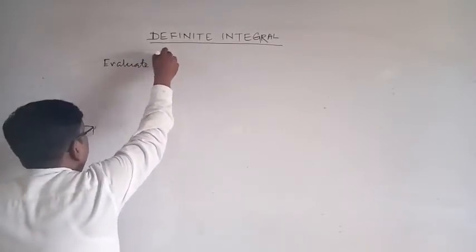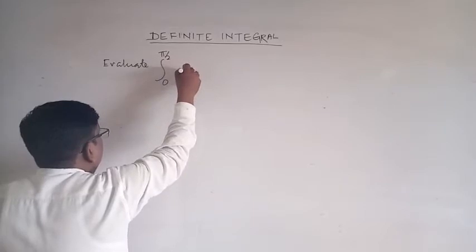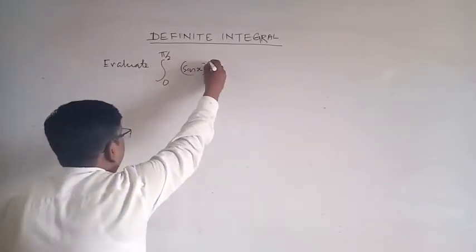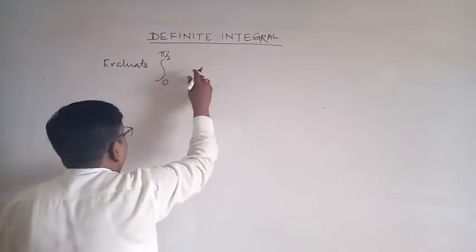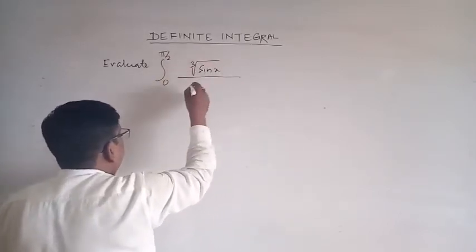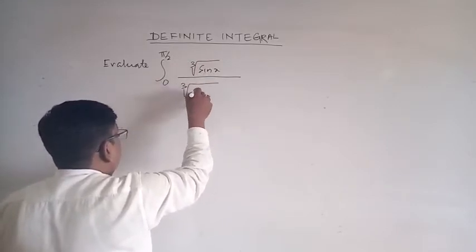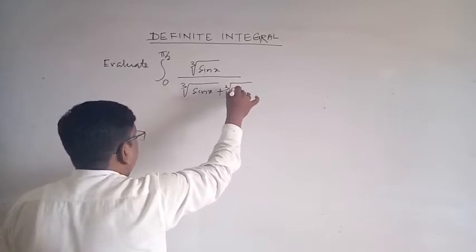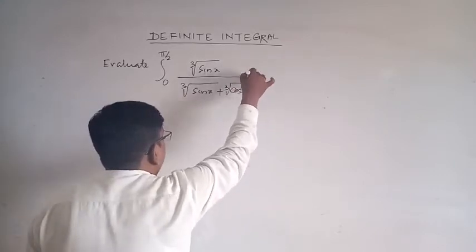Okay, so now evaluate the integral from 0 to pi by 2 of cube root of sin x divided by cube root of sin x plus cube root of cos x dx.